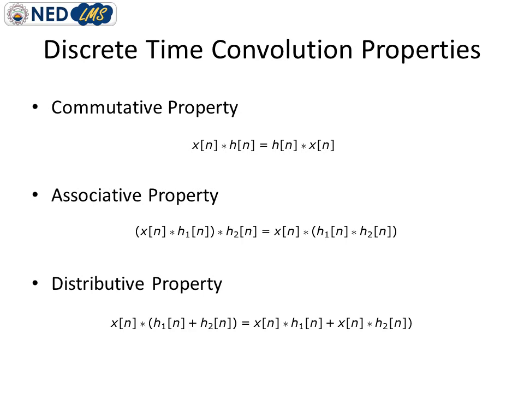Now moving to the third property, which is the distributive property, and it states that x of n convolved with h1 of n plus h2 of n will be equal to x of n convolved with h1 of n plus x of n convolved with h2 of n. It means we can combine the impulse responses of two systems to get one impulse response, with both systems grouped together and acting as one system, and we apply input x of n to it and get some output.